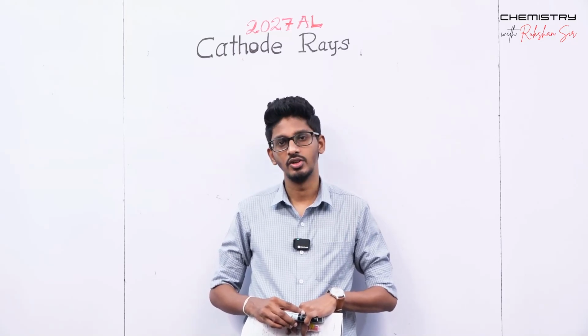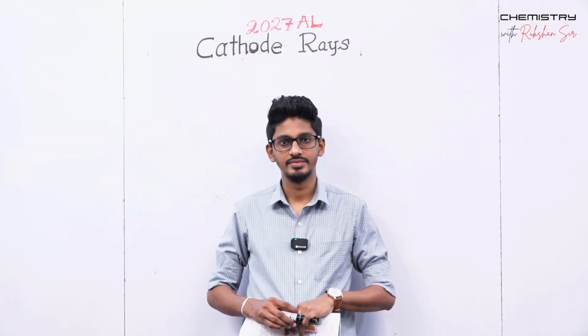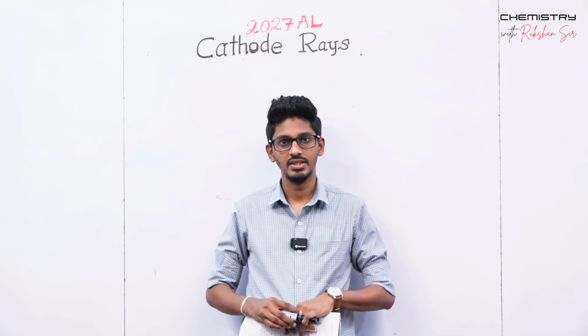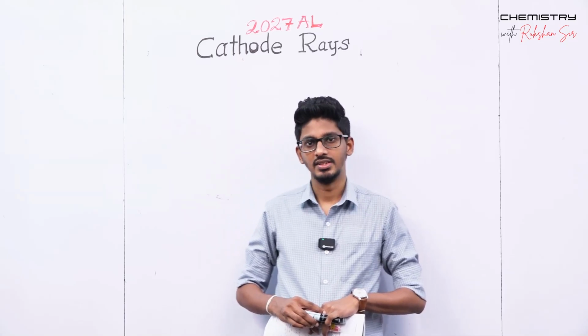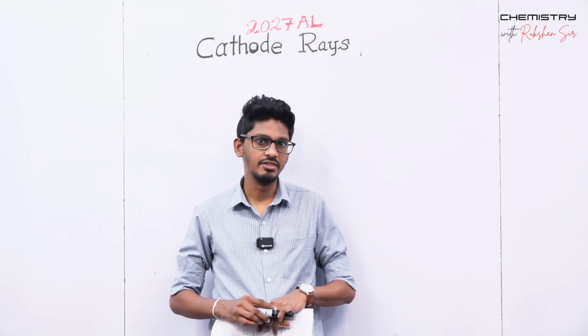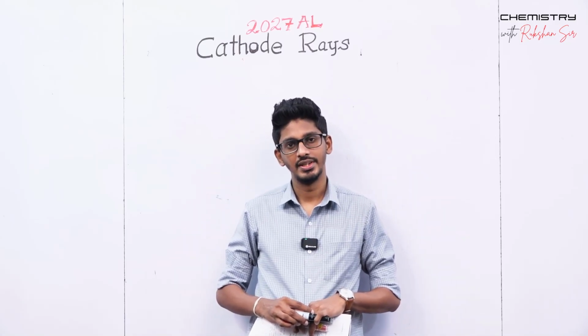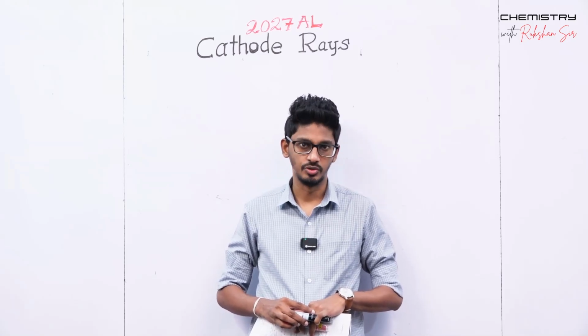So today we are going to discuss this electron, the fundamental charge carrier. Let's meet the electron. The first experimental evidence of the electron was found by a scientist called William Crookes.